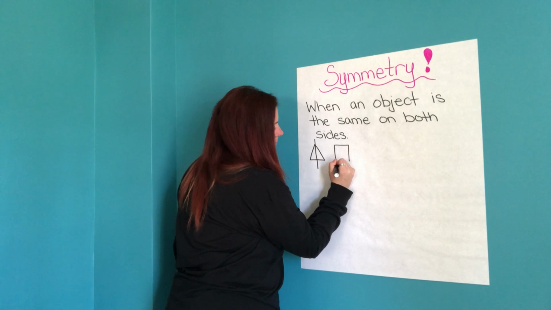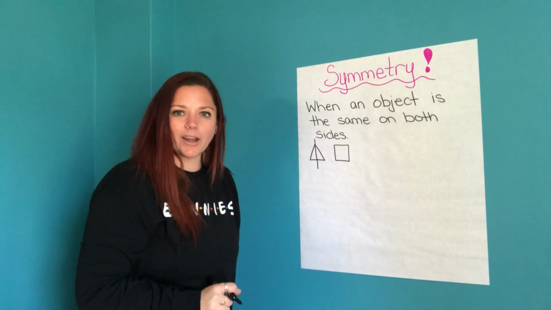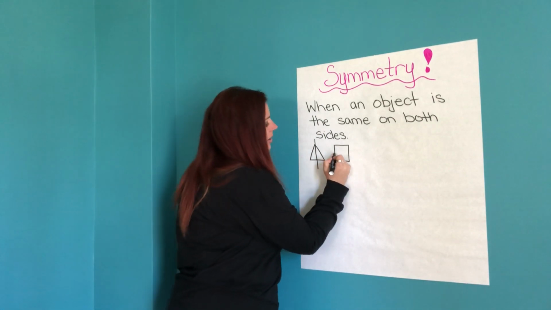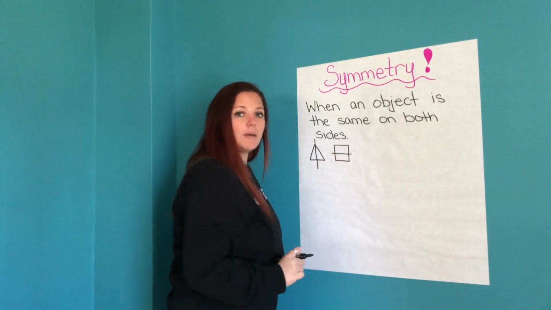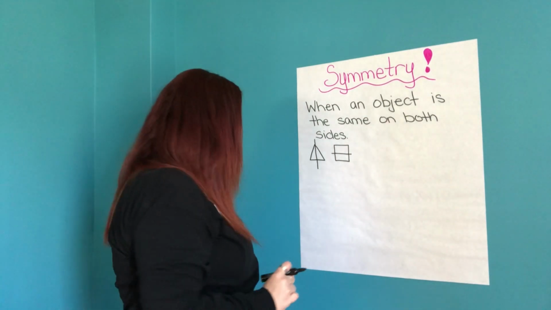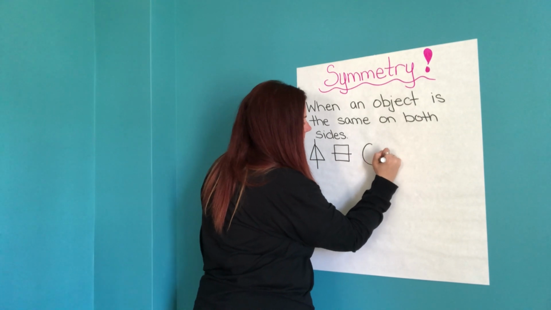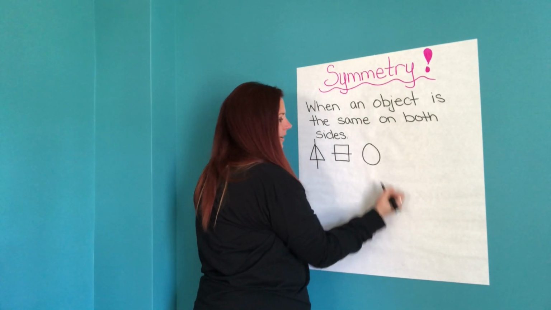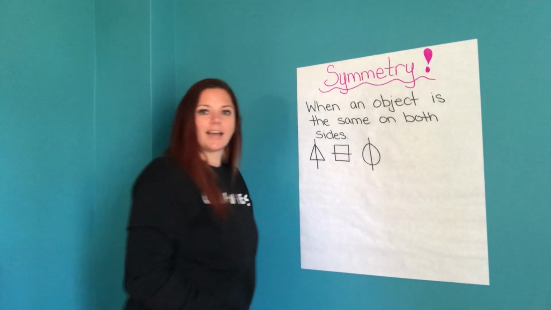What shape is this, boys and girls? If you said square, you're right. Now if I cut it right across the middle, is it roughly the same on both sides? It is. What if I did a circle? Okay, I can cut that right down the middle, and it's the same on both sides.